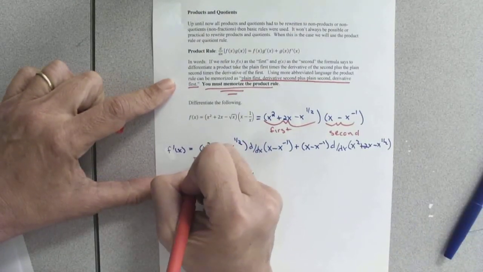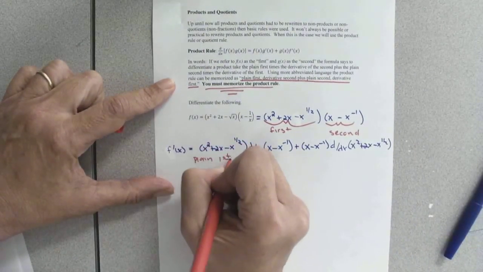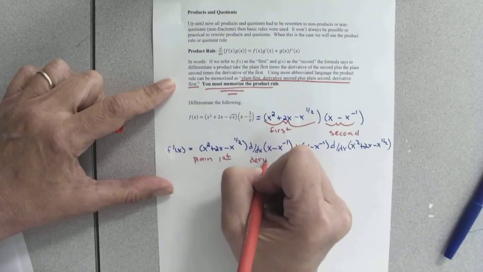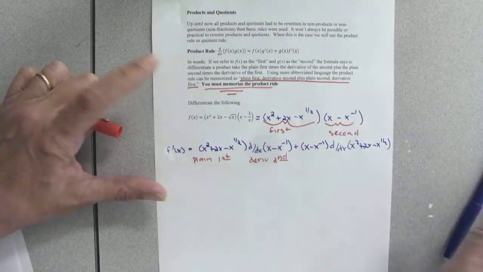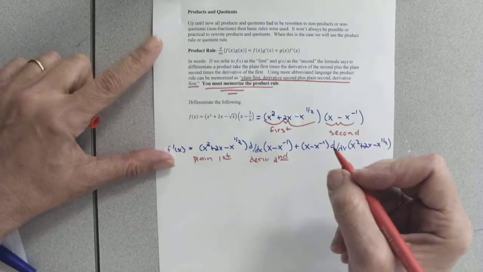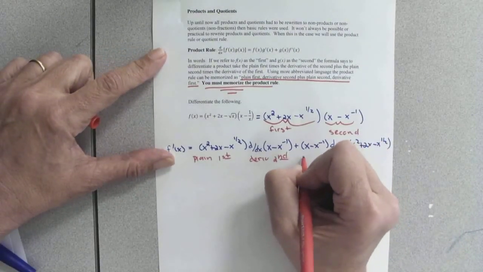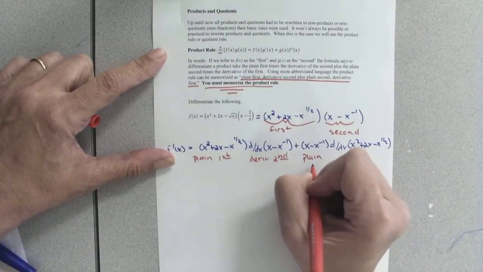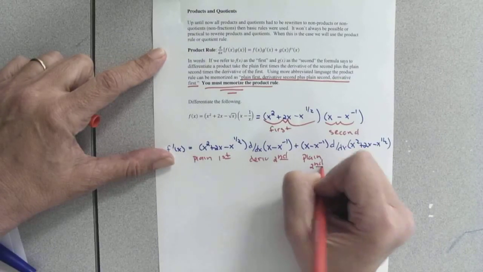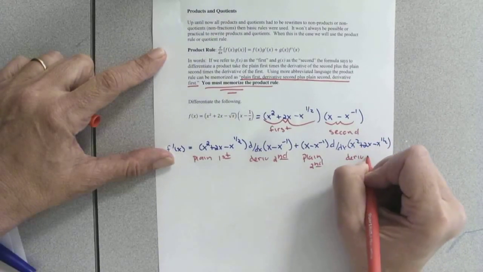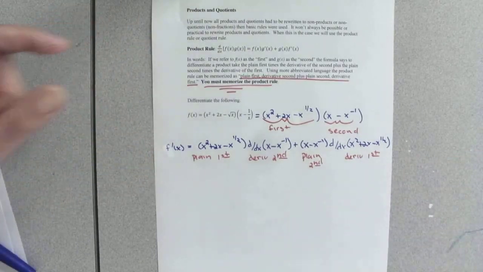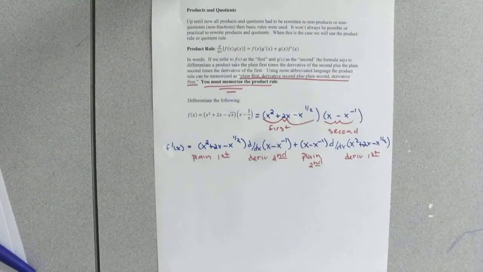So we've got plain first, derivative second. DERIF always stands for derivative. Plain second, derivative first. And I haven't actually taken any derivatives yet, just writing down in symbols what it says to do.